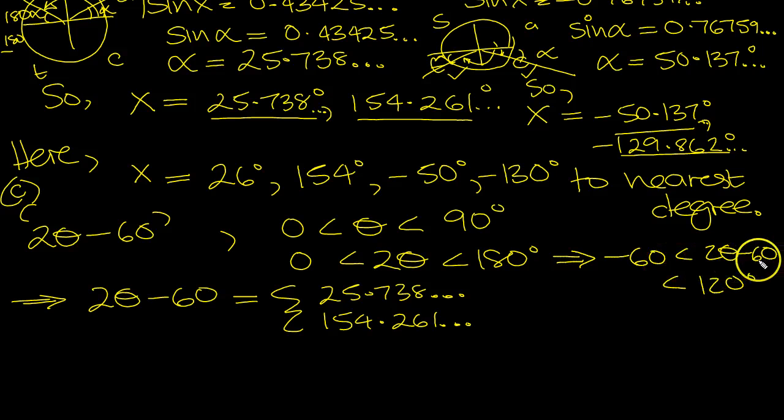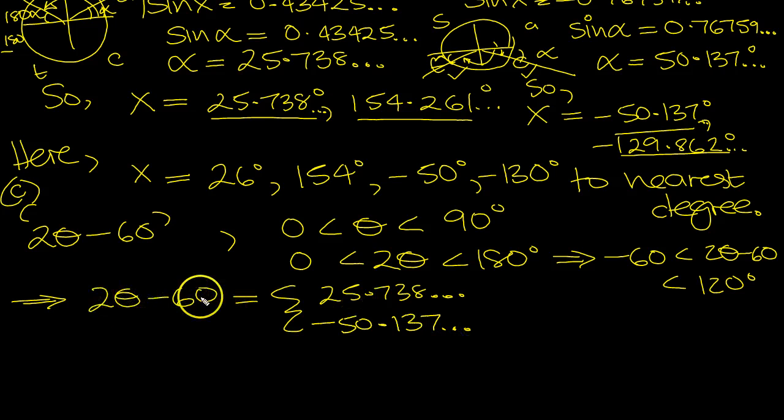So from minus 60 through to 120, we've got to write down the solutions from these in this range. And clearly, it's only going to be the 26, which is this one more accurately, and it's also going to be the minus 50, not this one. So let's put that in. So it's minus 50.137. So those are the two solutions.